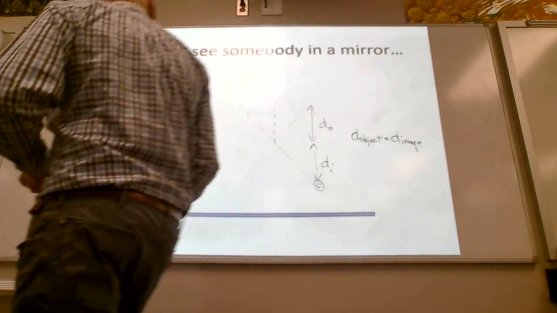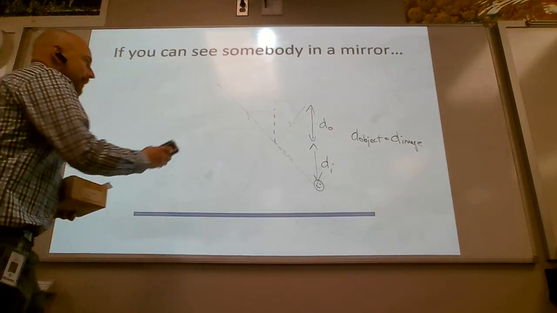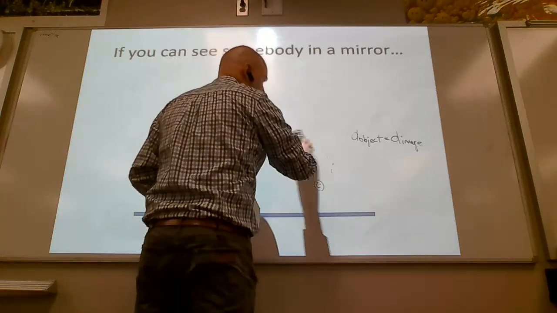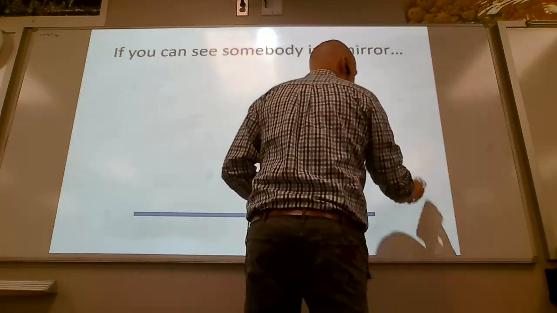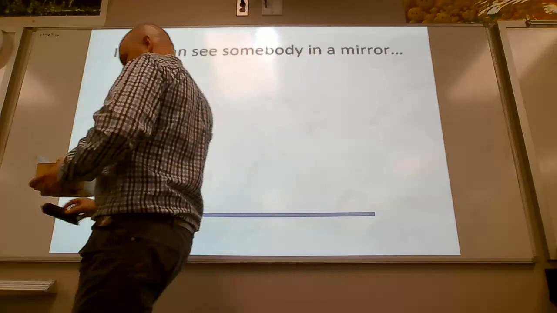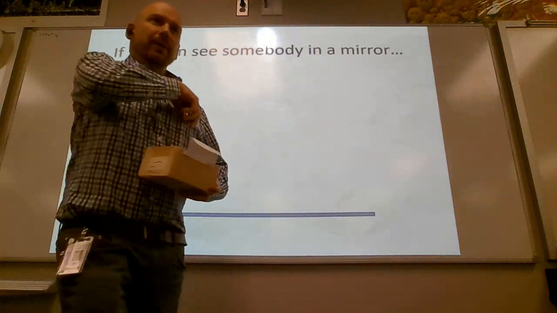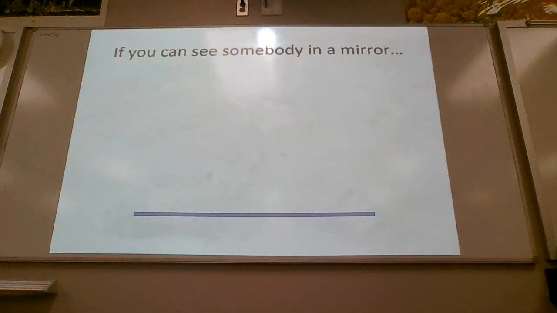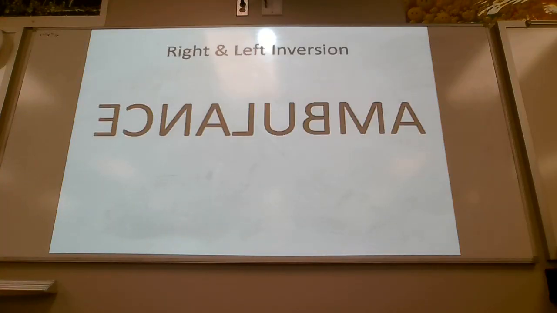Okay. So with a plane mirror, so these are known as plane mirrors, like two-dimensional plane type geometry, not airplane or vanilla plane. On the front of ambulances, they write ambulance like this. Why would they do that?